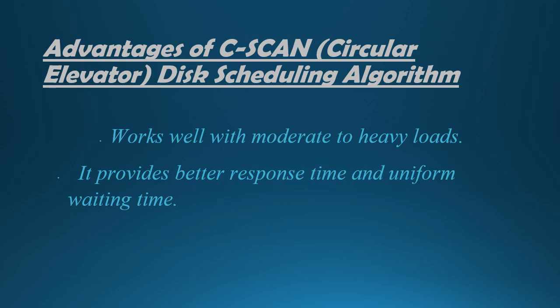The head moves from one end to the other of the disk while serving all the requests in between. The waiting time for the cylinders which were just visited by the head is reduced in C-SCAN compared to the SCAN algorithm. Uniform waiting time is provided. Better response time is provided.